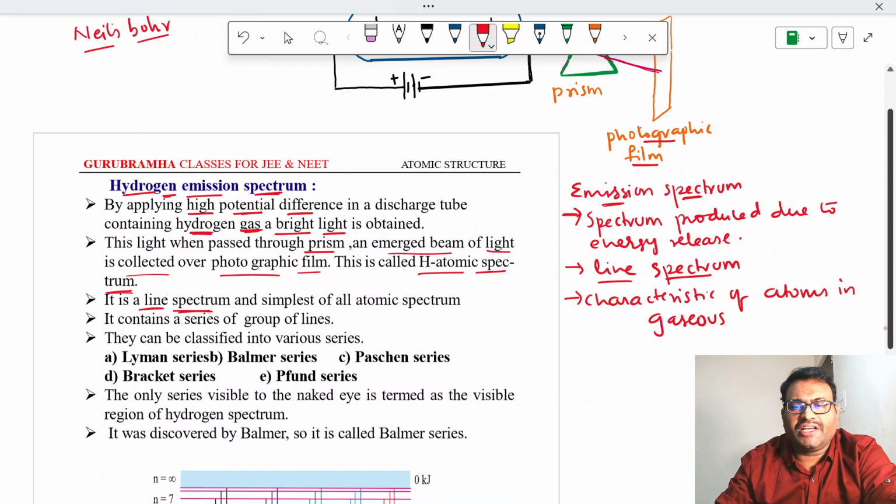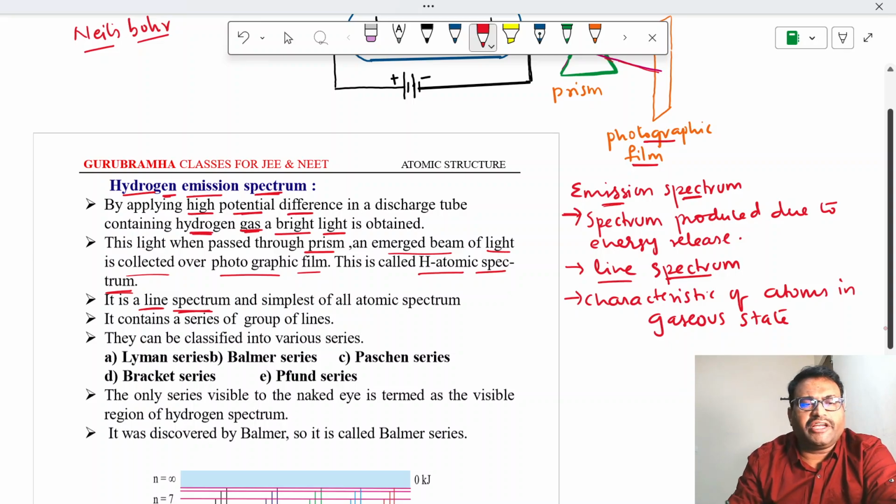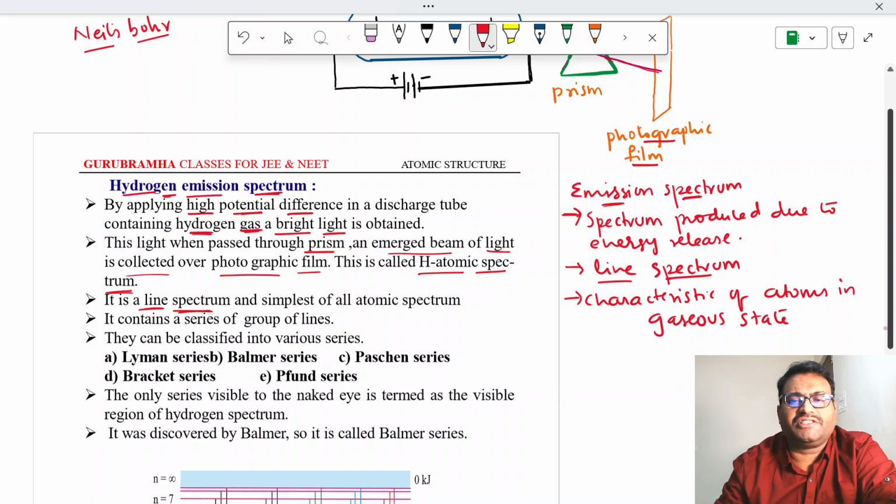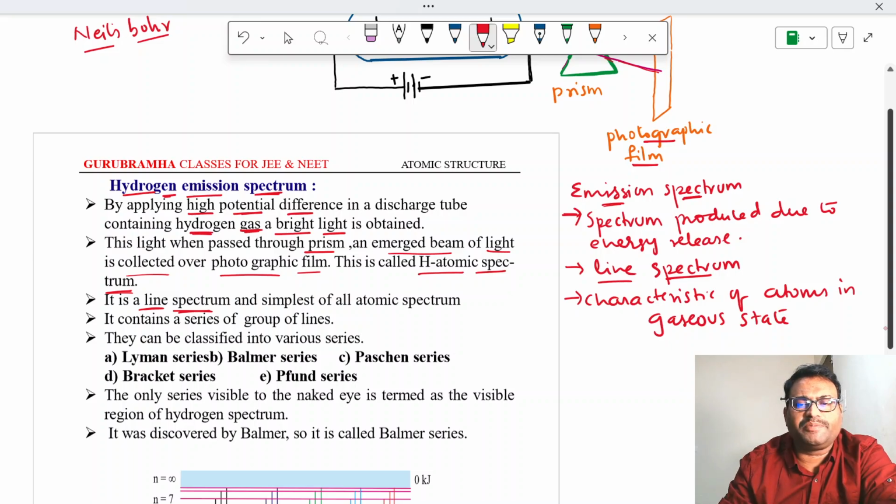So atoms in gaseous state produce line spectrum. It's not a band spectrum. There are two main differences between line spectrum and band spectrum. Line spectrum is produced by atoms which are in gaseous state, whereas band spectrum is produced by molecules. So hydrogen spectrum is an emission spectrum and a line spectrum.